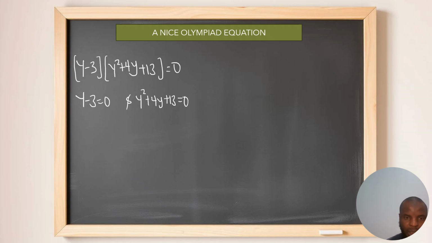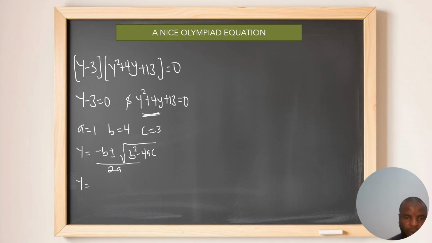Let's deal with this. This is a quadratic equation. So here a equals 1, equating the coefficients, b equals 4, and c equals 13. So here we have y equals minus b plus or minus the square root of b squared minus 4ac, over 2a.